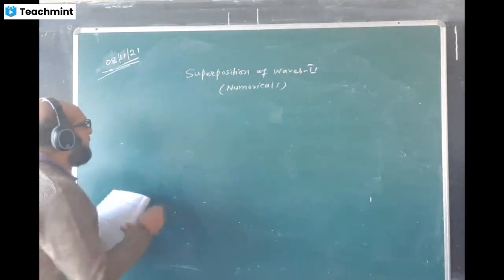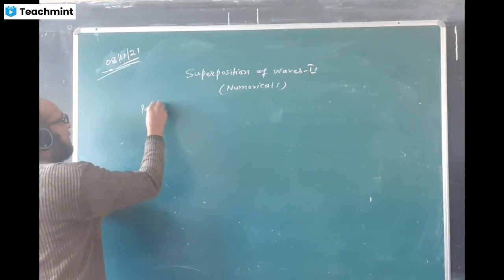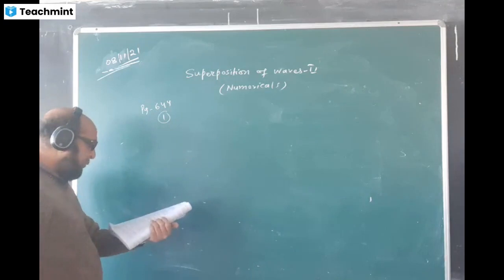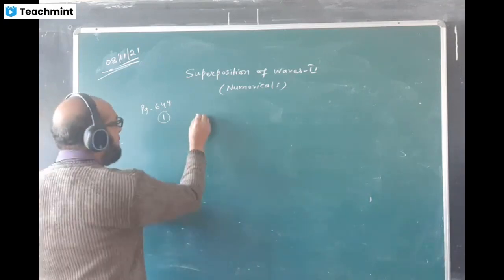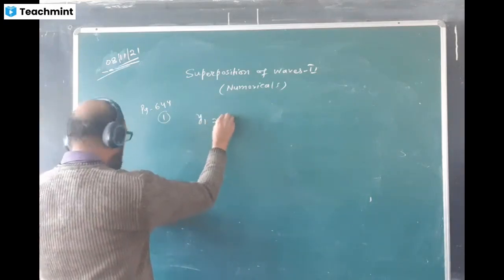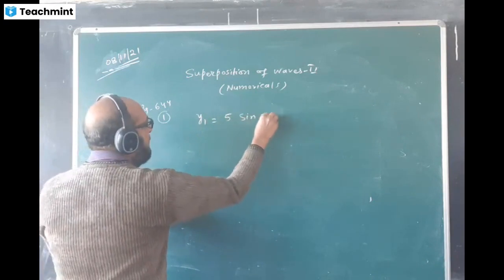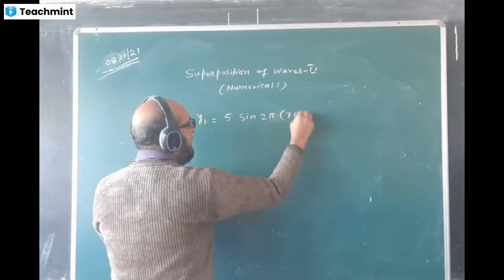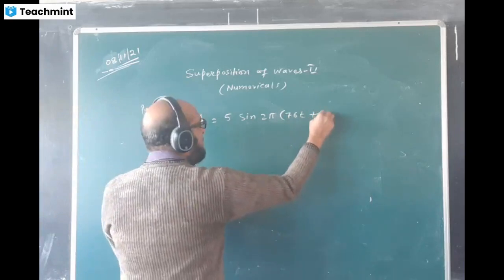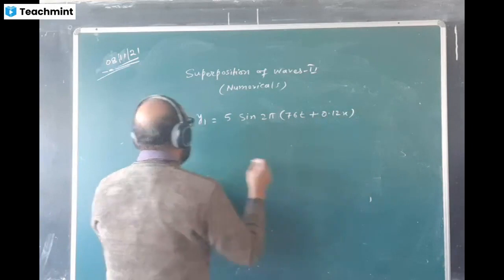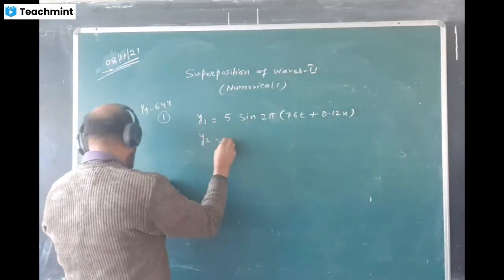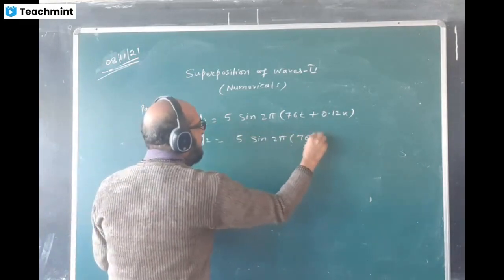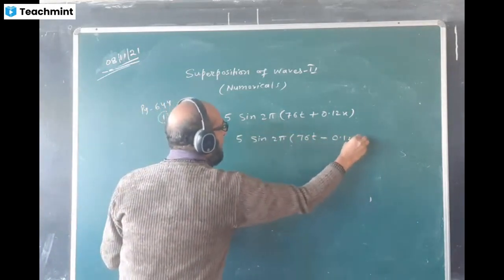Page number 644, question number 1. Let's start with number 1. Two waves represented by equation given here, y1 is equal to 5 sine 2 pi bracket 76t plus 0.12x, y2 another one is given 5 sine 2 pi 76t minus 0.12x.